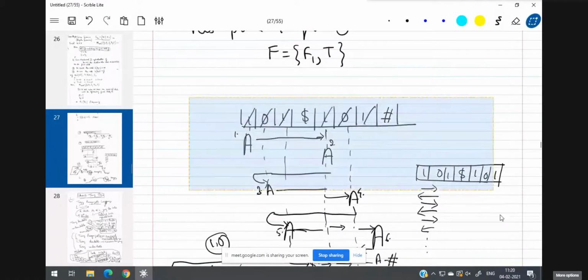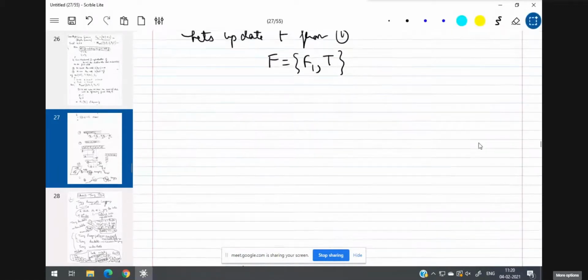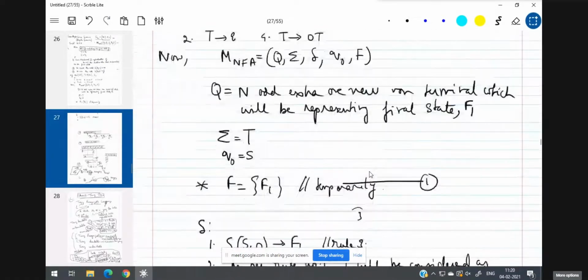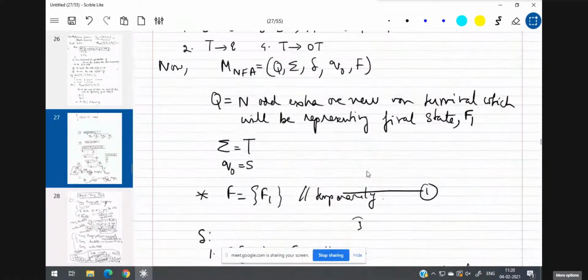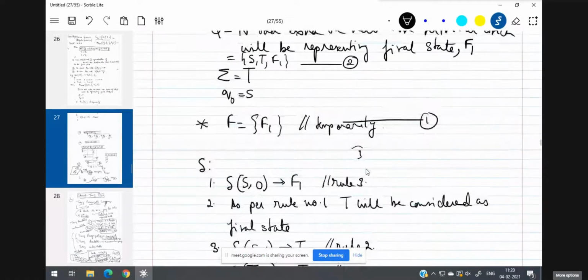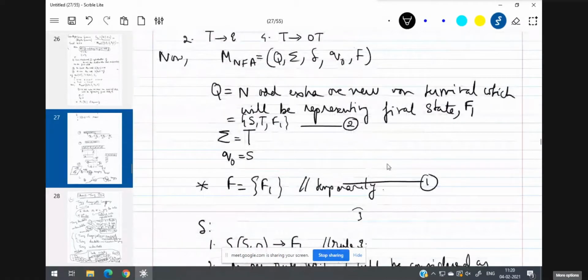Now, I'm going to draw the diagram. How many states are there? How many non-terminals are there? Let me write here: S comma T comma F1. This also needs to be updated, so let me write 2.